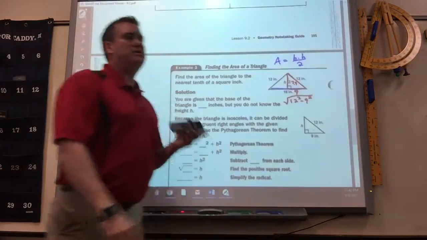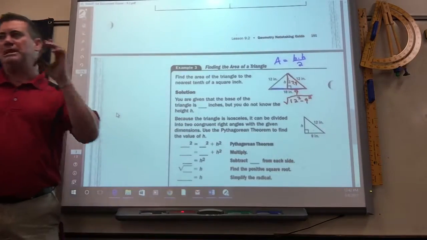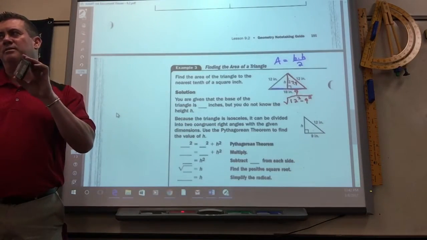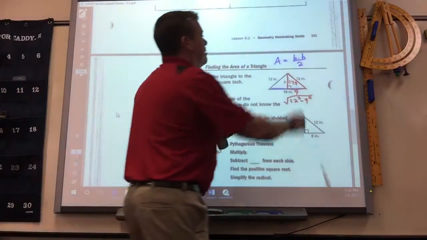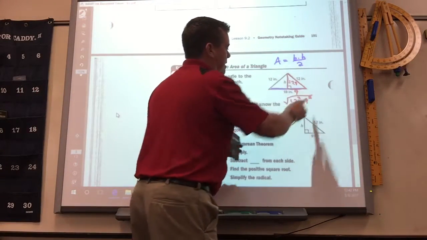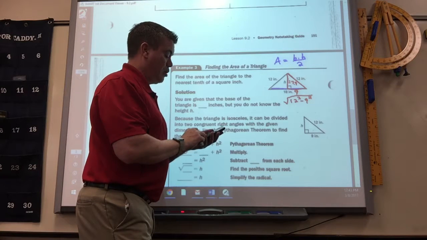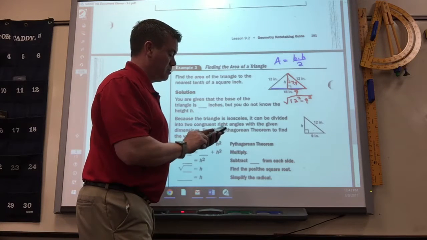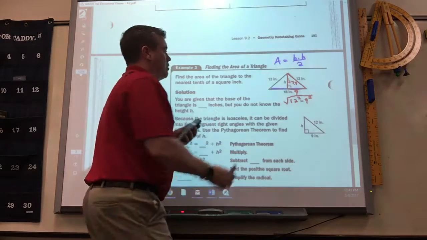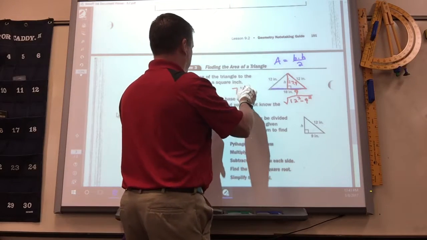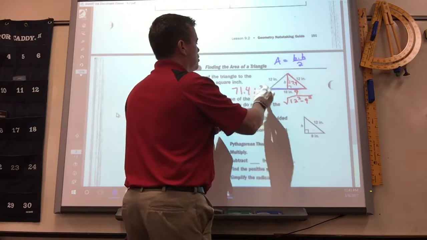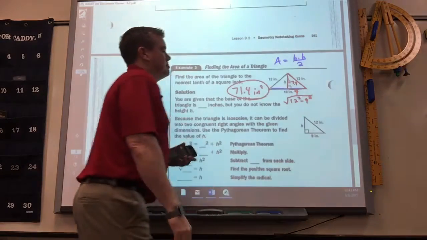Now, here's how you can get a more accurate answer. If you just leave this number on your calculator and then type it in, take the height times the base, and then don't forget you got to divide by 2. So now you can round, it's 71.4 square inches.